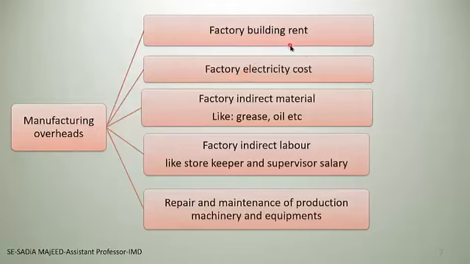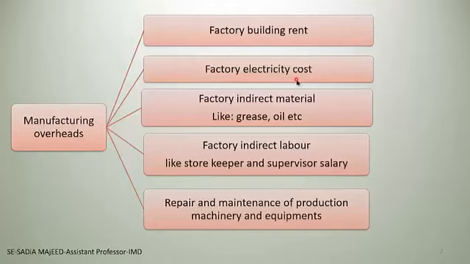The factory in which the manufacturing or production process is taking place, the rent of that building is part of the manufacturing overhead. If you don't pay rent on time, there is a possibility you can't run your manufacturing or production process smoothly. Secondly, factory electricity cost.